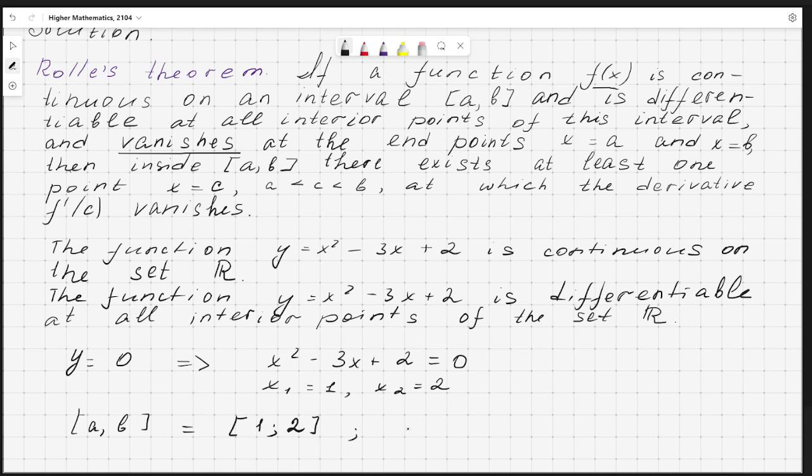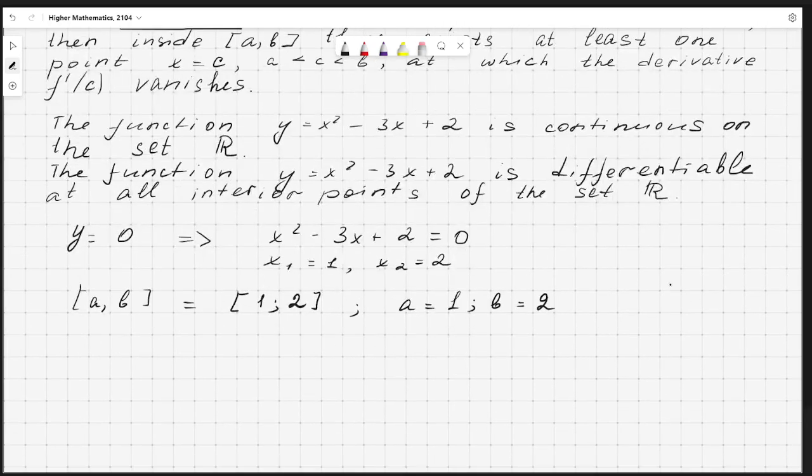A is 1, b is 2. At this point, f of a is f of 1 is 0, the function vanishes, and f of b is f of 2 is 0, too.